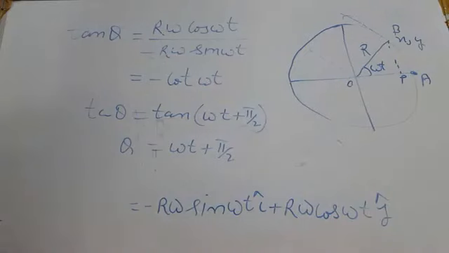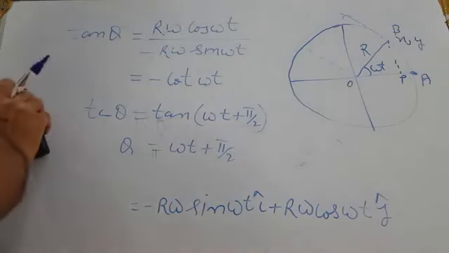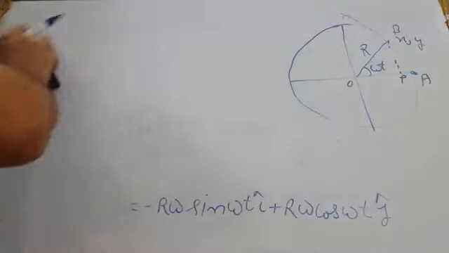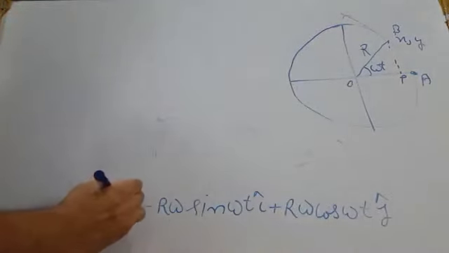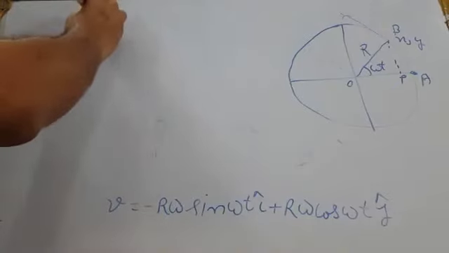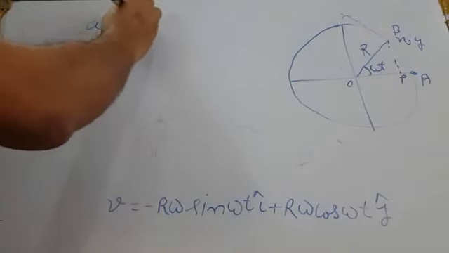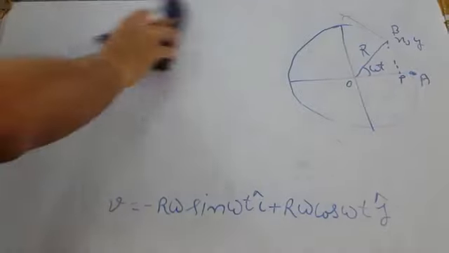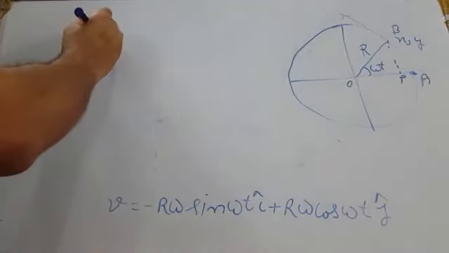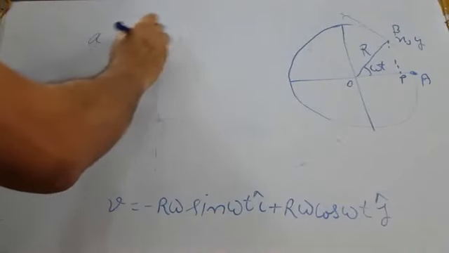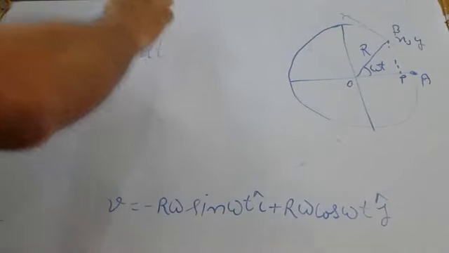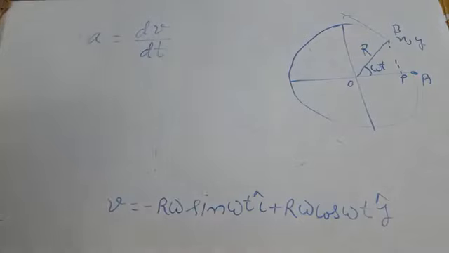Now we will find out the magnitude and direction of the acceleration. That was velocity, and we know that acceleration is dv by dt, change in velocity upon change in time.